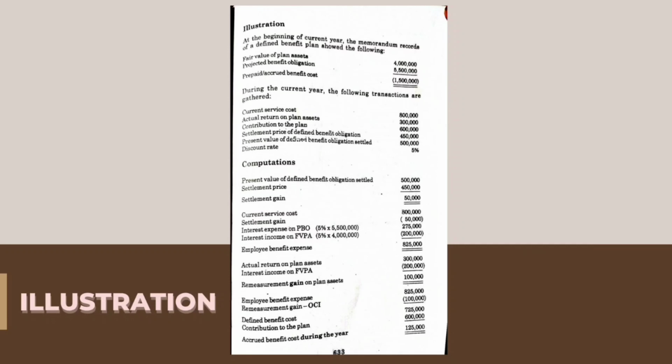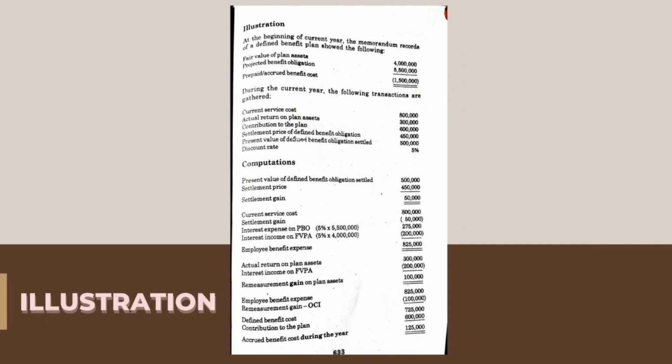In computation, the present value of defined benefit obligation settled is 500,000 and the settlement price is 450,000, and we subtract to get the settlement gain, which is 50,000. So the current service cost of 800,000 is subtracted by the settlement gain of 50,000. To get the interest expense on PBO, we multiply the discount rate and the projected benefit obligation.